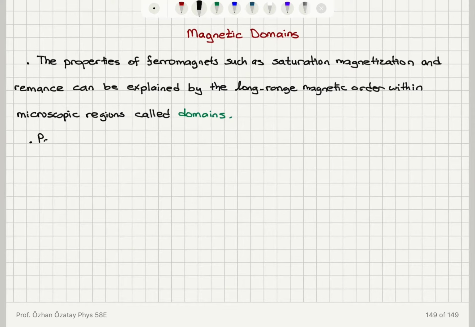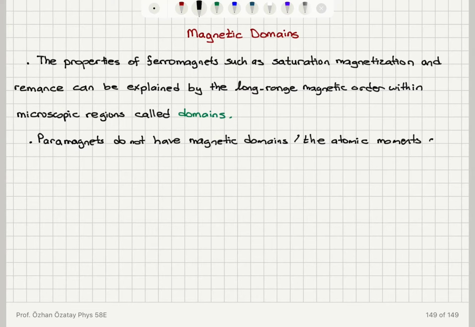So paramagnets do not have magnetic domains because the atomic moments are randomly oriented in the absence of a field due to thermal energy.